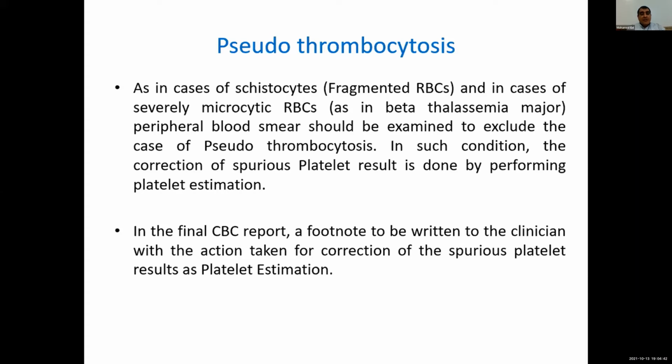In some cases, we can find a false elevation of the platelet count due to these two conditions, and the peripheral blood smear should be examined to exclude this situation. We correct the spurious platelets by doing platelet estimation from the peripheral smear, and finally we write the footnote to the treating clinician that the platelet count is corrected by platelet estimation.